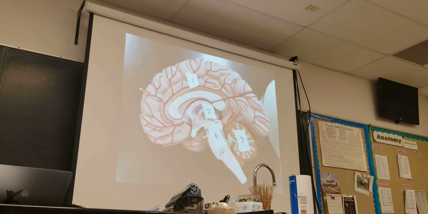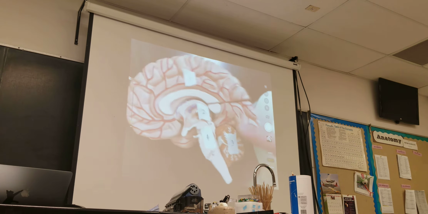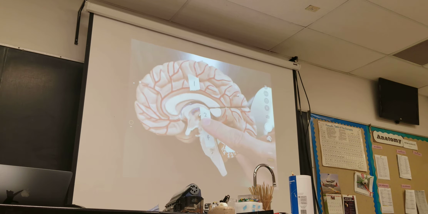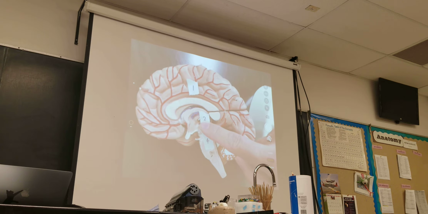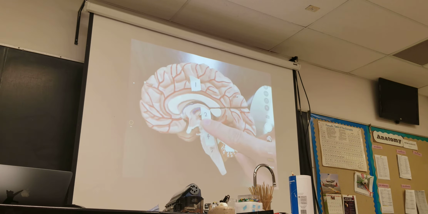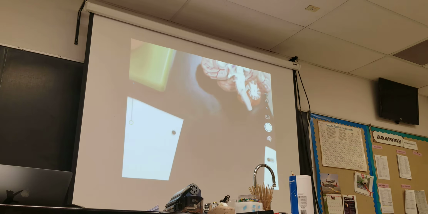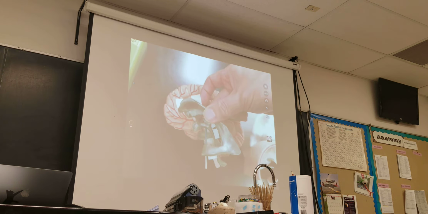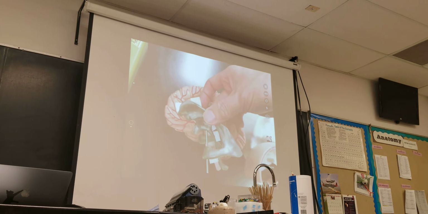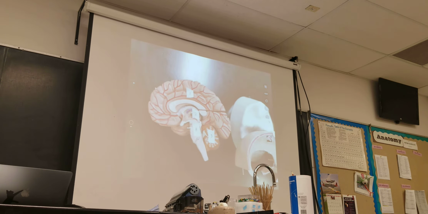And number 4, brainstem. Okay. And then, what cavity is number 2? It's the third ventricle. The bird head is the third ventricle.